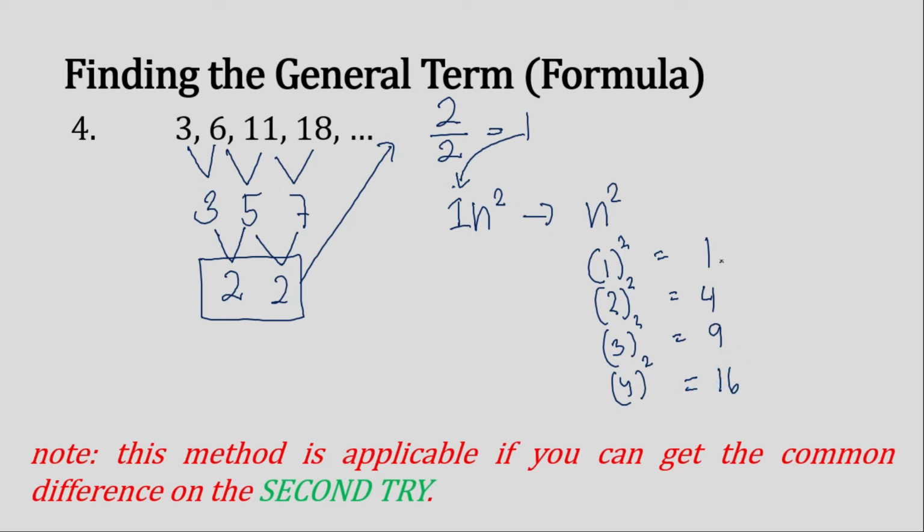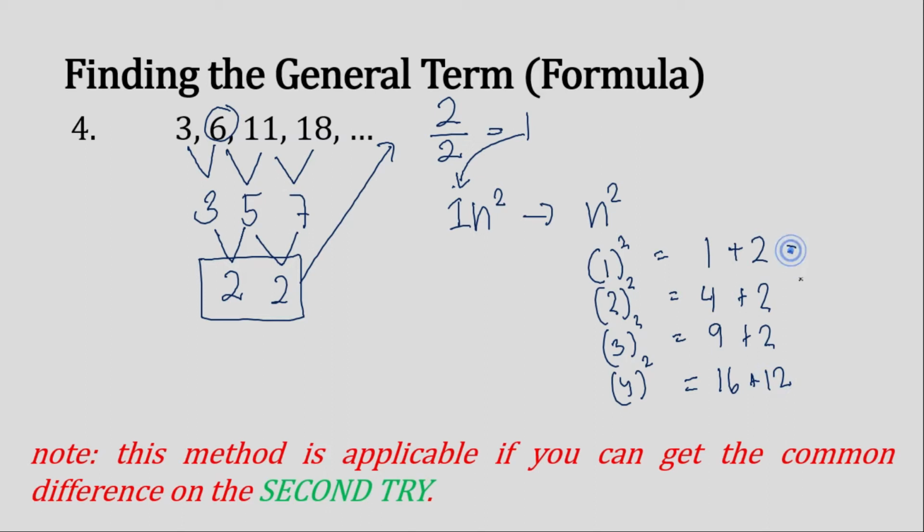Now as you can see, these numbers are different from the given numbers. So let's adjust these numbers again. What are we going to do to 1 to make it 3? Okay, so we will add 2. What are we going to do to 4 to make it 6? Again, we just add 2. Then 9 plus 2, 16 plus 2.